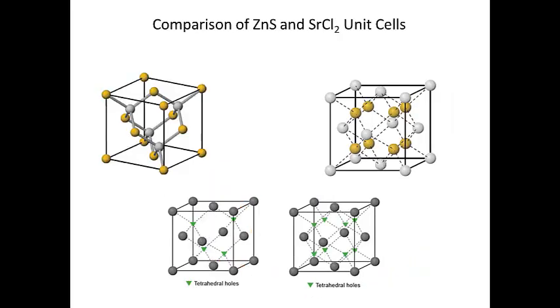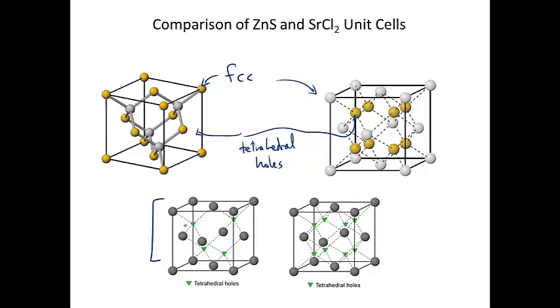Now let's look at an interesting example of 2 unit cells that are very similar. Both have a face-centered cube portion of the thing, and they have atoms in tetrahedral holes. The difference here is that this one has 4 internal atoms, but this one, notice, has 8 internal atoms.